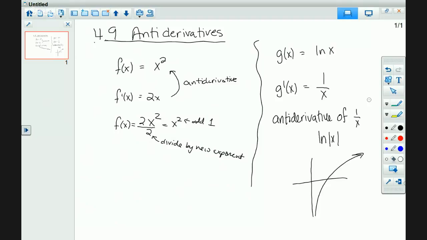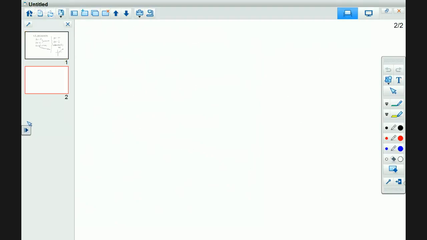So here's the formal definition. Let's see if we can decipher it.